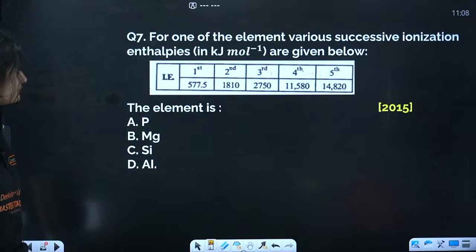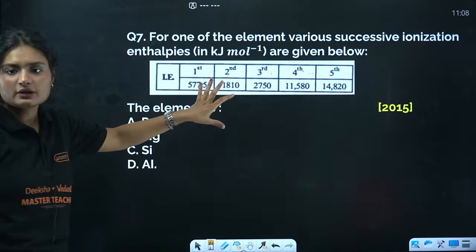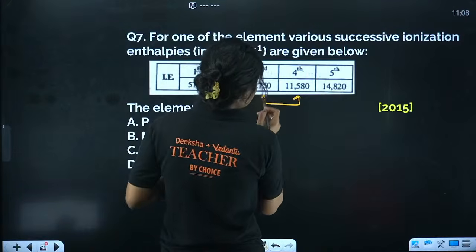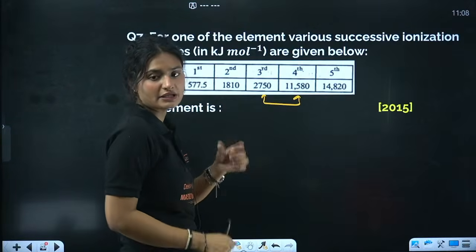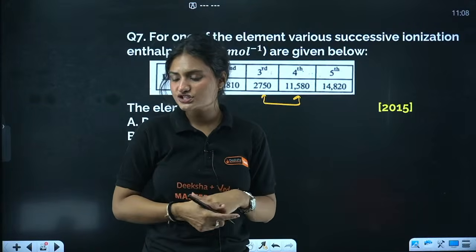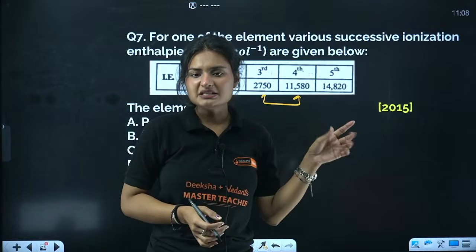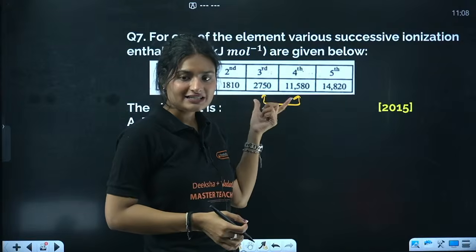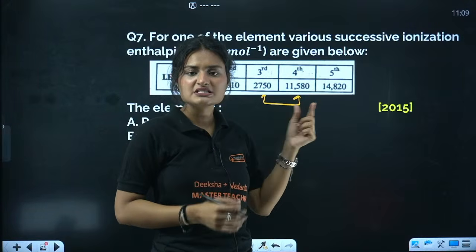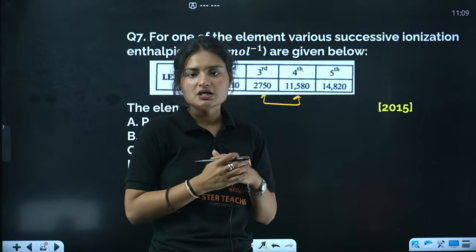Next question. As you can see here, there is a really high difference between the third and fourth ionization enthalpy. That means there are 3 valence electrons, and after that the electron is getting removed from a stable noble gas configuration.